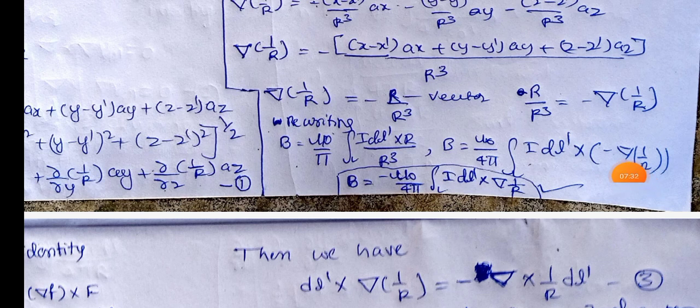This minus 1 is taken outside the integral. So B is equal to minus mu naught by 4 pi line integral I dl dash cross del of 1 by r.